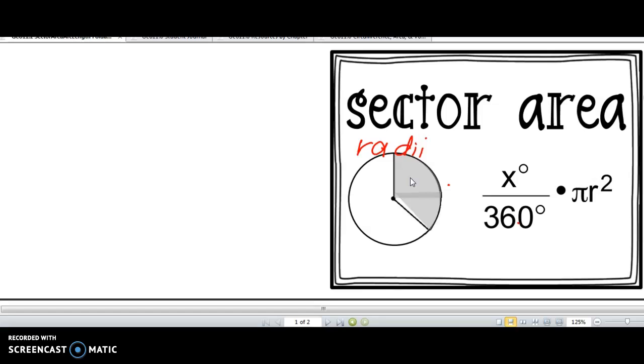So if you get the ratio between the area of a sector over the area of a circle, which is pi r squared, that is proportional to the corresponding central angle all over the total angles in a circle, which is 360.